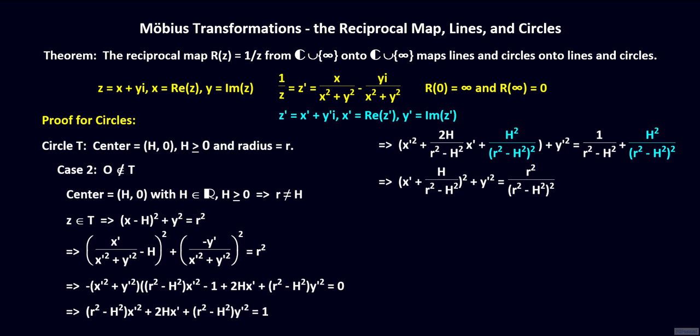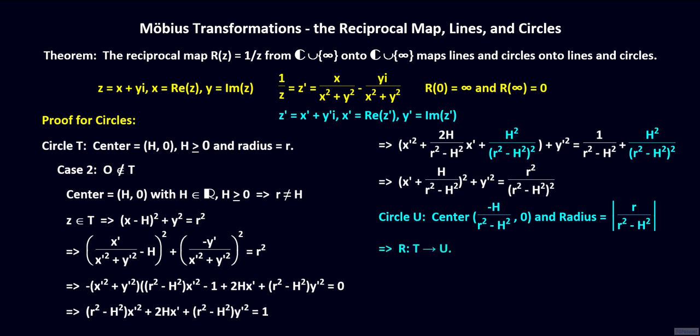This is an equation of a circle that we call circle U, whose center is at minus big H divided by r squared minus big H squared, 0, and whose radius is the absolute value of r divided by r squared minus big H squared. So the reciprocal map maps circle T into circle U, and we now explain why the reciprocal map is surjective from circle T onto circle U.